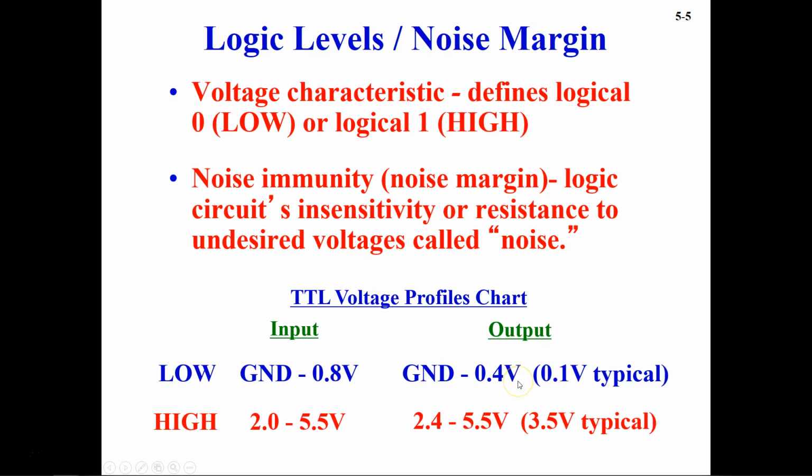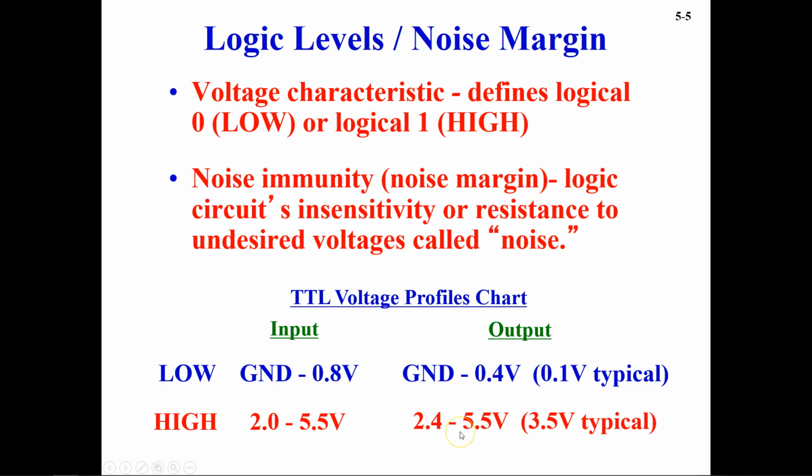And the same here, you have the output characteristics. This is the output range for the TTL. It is from 0 to 0.4 volts, typically 0.1 volts, and the high range is 2.4 to 5.4 volts. So it can output voltage between 0 to 0.4 and in the high range.